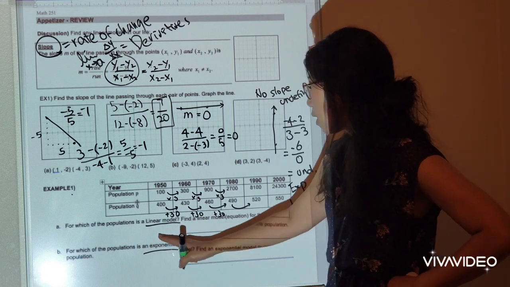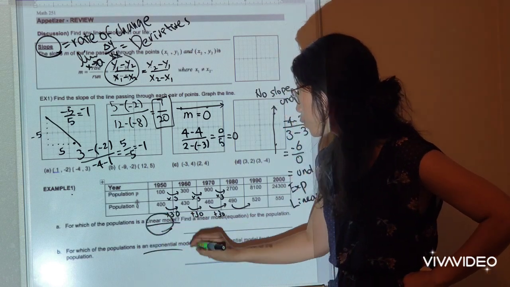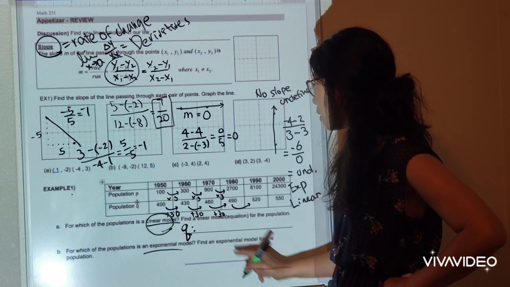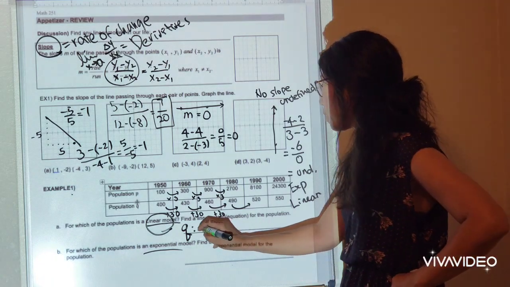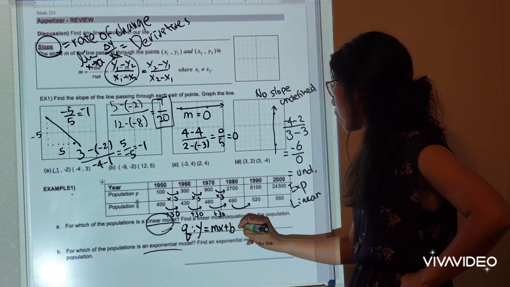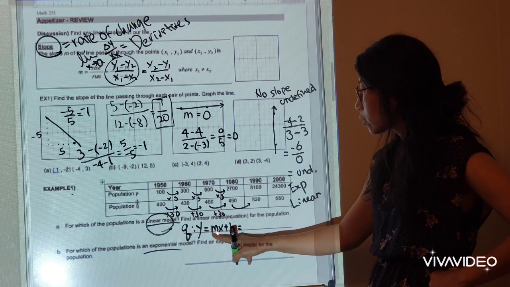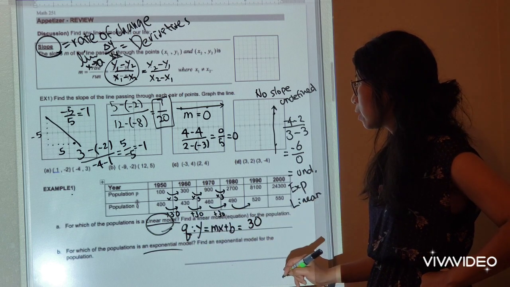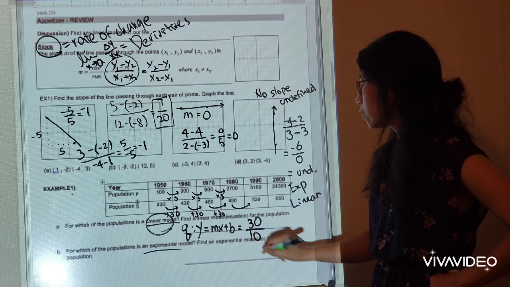So now, since I found that the linear model is represented by function Q, I want to find the equation. The equation format of the linear function is mx plus b. By slope, Q is the linear equation increased by 30 in population over 10 years.